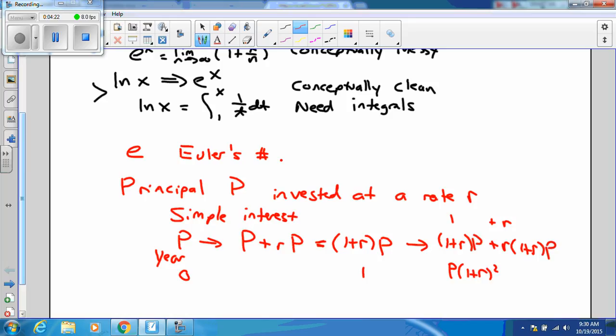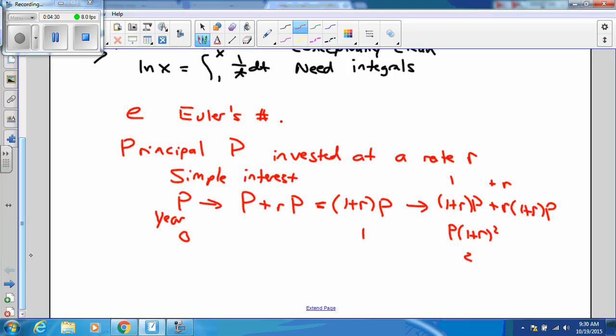So that at the end of year 2, I'm going to have the principal times 1 plus R squared. Well, we can see patterns when we see them. And we can see that at the end of year n, we're going to have P times 1 plus R to the n.